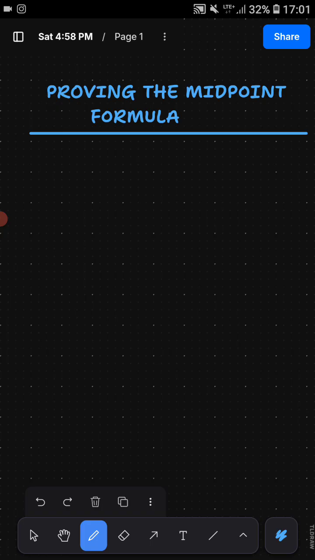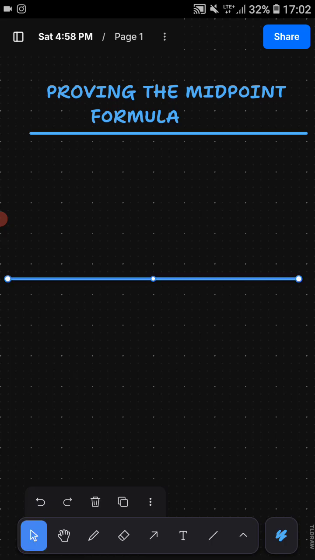So now think of a straight line, something like this. So let's assume we have a straight line like this with points A, which has coordinates.